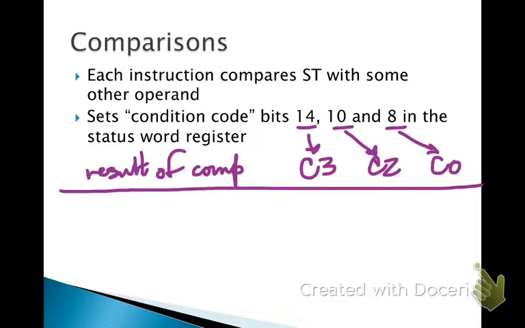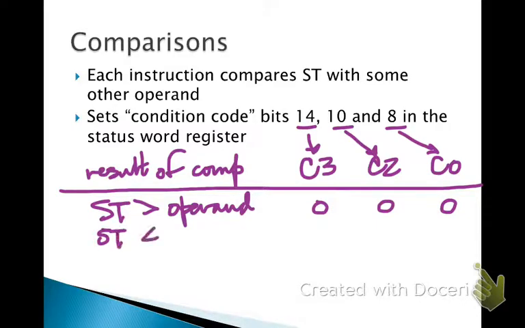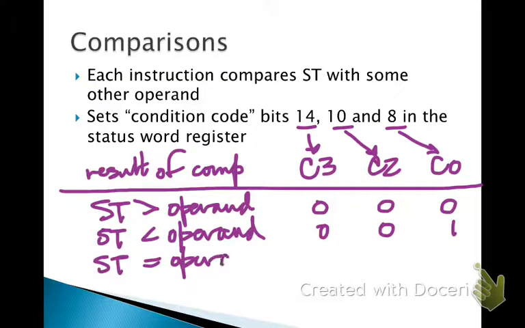If I do compare and the stack top is greater than the other operand, then all three of these condition code bits will be cleared. If stack top is less than the other operand, then C0 will be set. Everything else will be cleared. If stack top equals the other operand, C3 will be set.